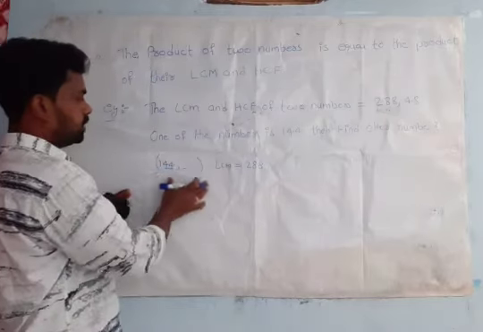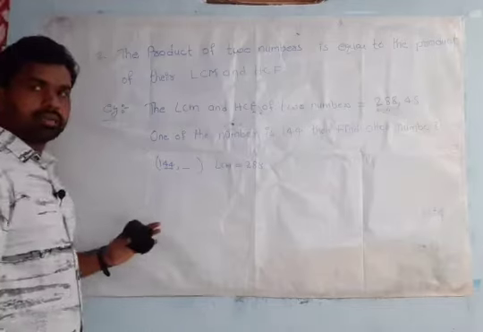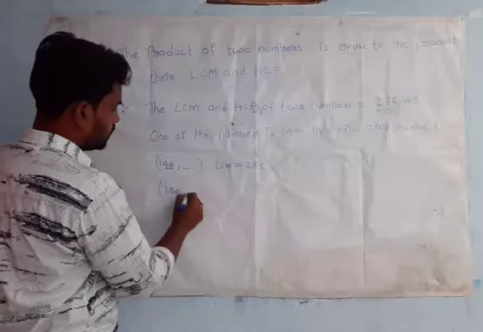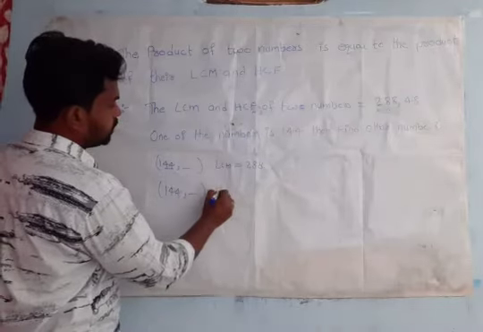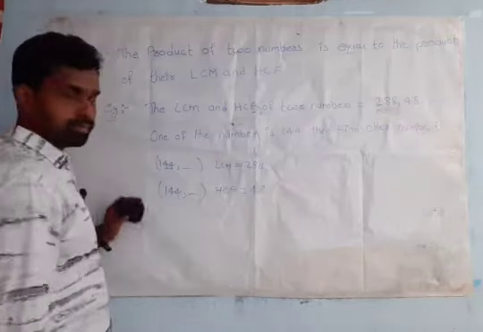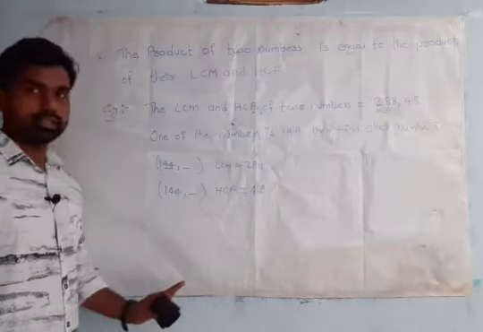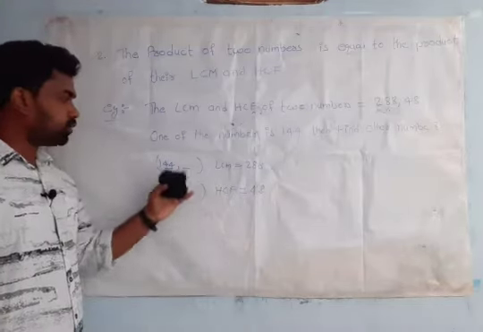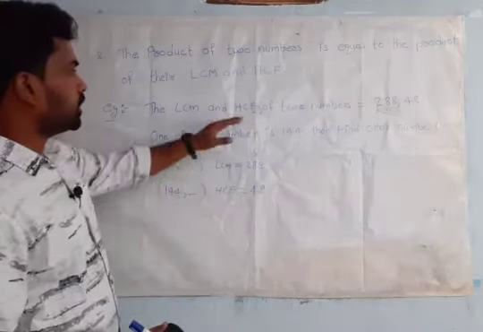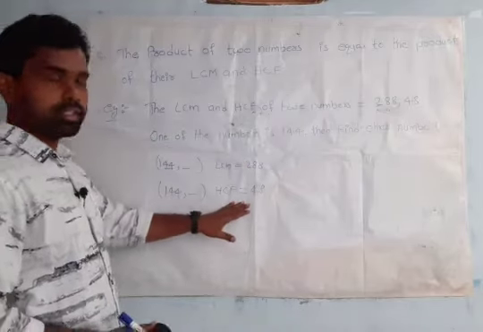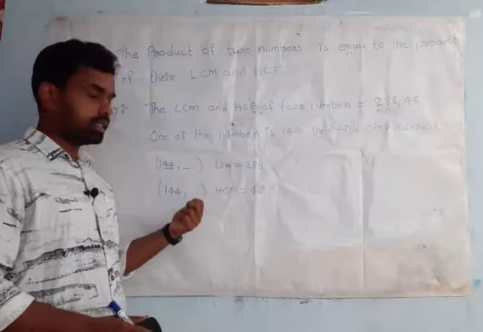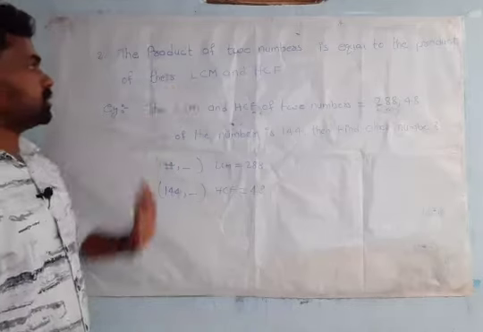But after finding the LCM, they got LCM equal to 288, and for the same numbers the HCF they have given is 48. Here the question is we need to find the other number. If they give the LCM value, the HCF value and one number, and ask you to find the other number, in these cases we can use this rule. What is this rule?